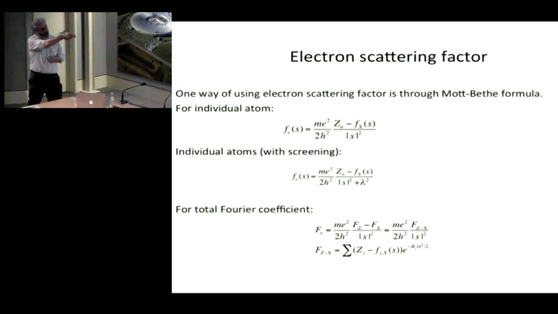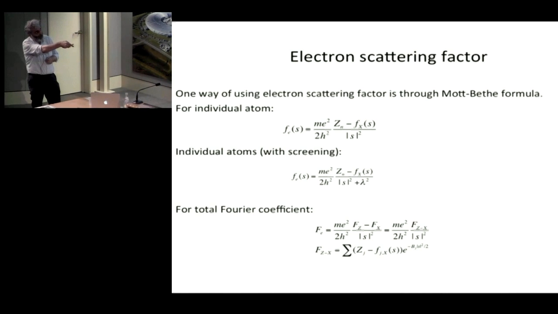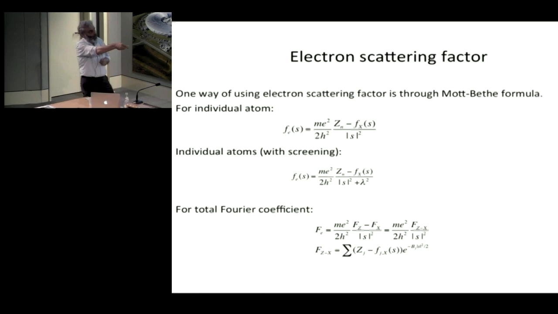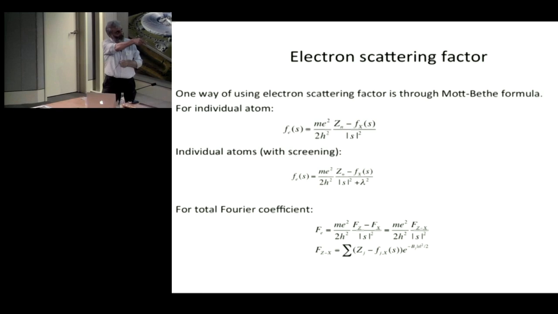And in REFMAC, we have implemented that, but for total structure factors, and it looks like that. But it doesn't account at the moment for charges, and it doesn't account for solvent. To account for solvent, you need to change only one of the terms, and that is going to be done in future.